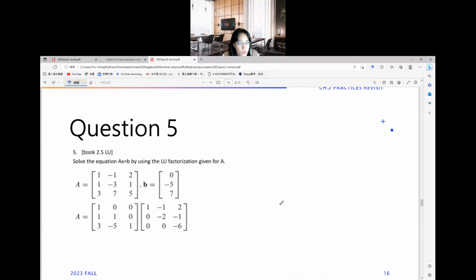Next question. Solve the equation Ax equals b by using the LU factorization given for A. So the A matrix is given. This is the A matrix given to us. The b vector is also given to us. In order to solve Ax equals b, we can use Gaussian elimination directly.